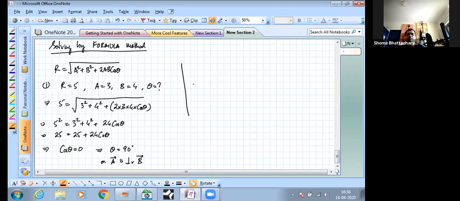In the second part, everything else is the same, but you just replace the magnitude of the resultant with 7. Instead of the 5 over here, you replace it with 7 and see what kind of solution you get.